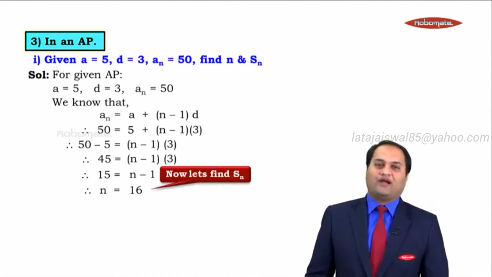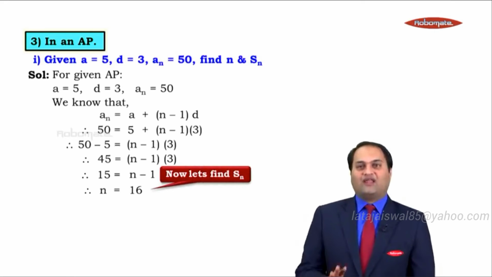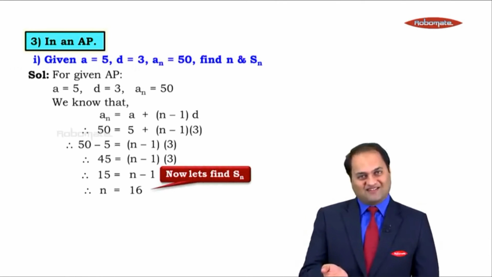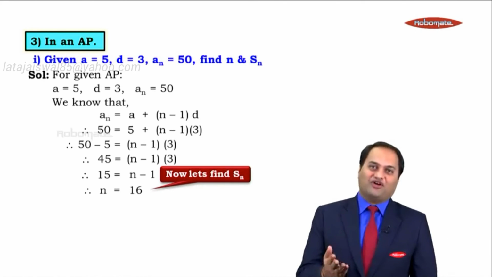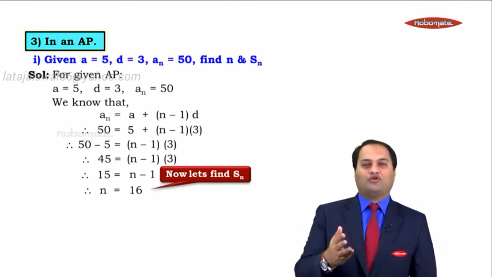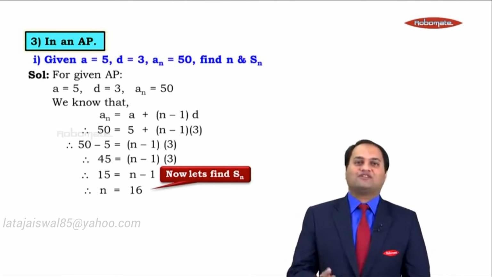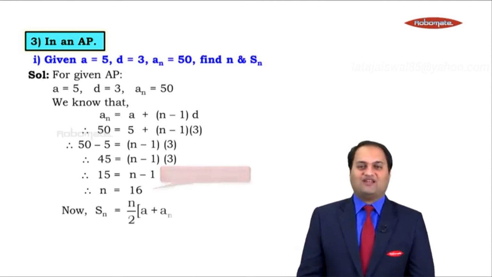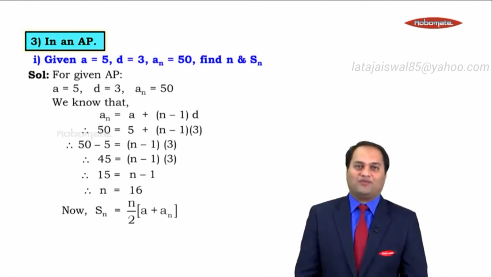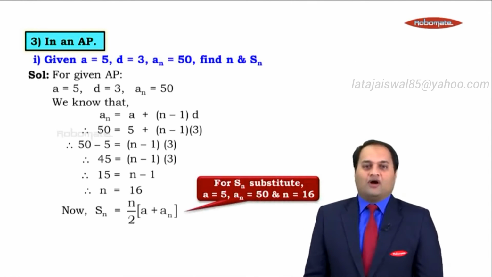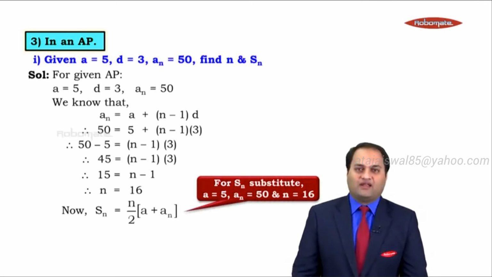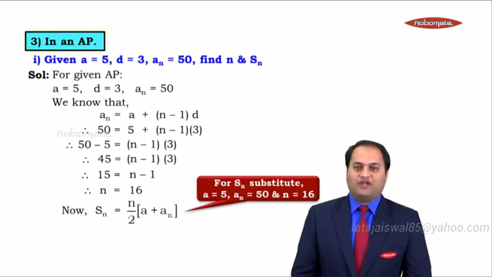Now the second part, let us find Sn. Again, An is also given to us, right? And D is also given to us. It's your choice whether you want to use the first formula or the second formula. I think the second is better because An is given to us. So Sn is equal to n upon 2 into A plus An. Sn is something which we need to find.